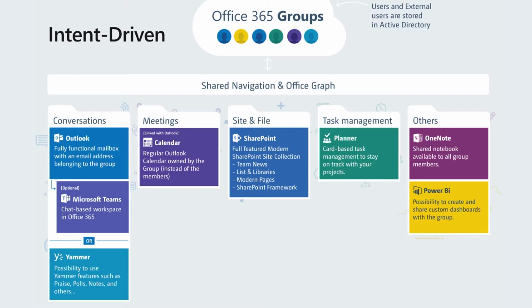Every time you create any of these products now, they create all of these other products at the same time. You're no longer just creating a team site. You're no longer just creating a Power BI workspace. You're no longer just creating a planner or a group mailbox. It always comes together because it's about the intent of the team and not forcing them into one product.